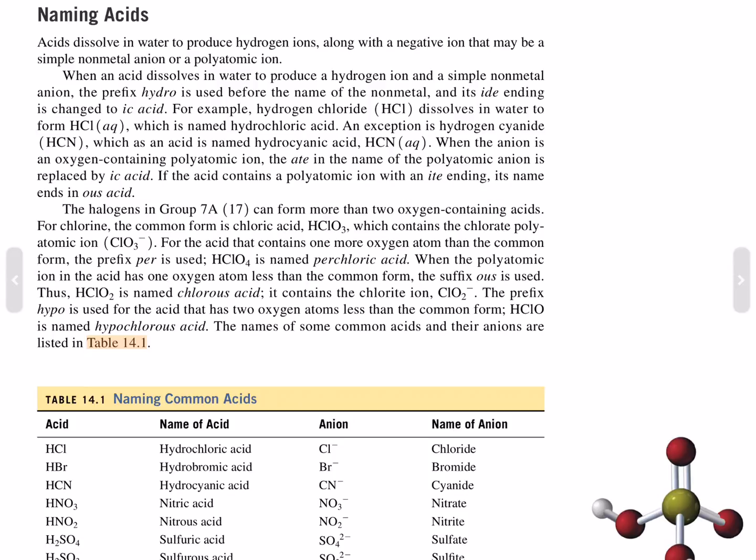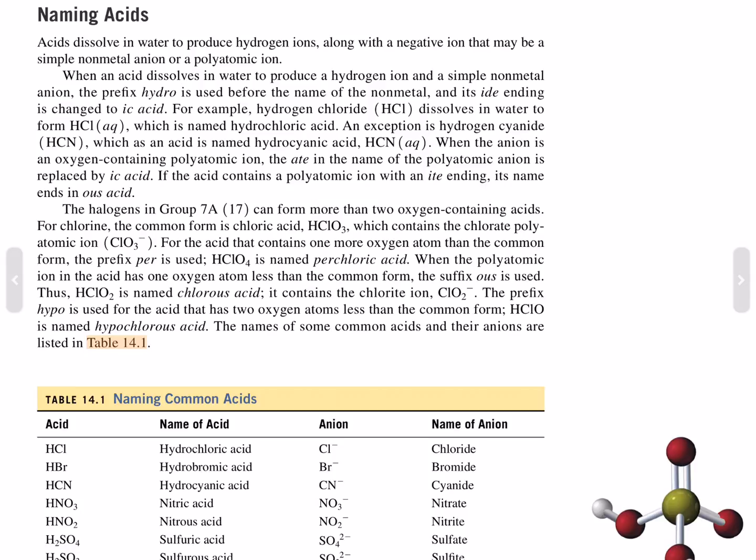The halogens in group 7A can form more than two oxygen-containing acids. For chlorine, the common form is chloric acid, HClO3, which contains the chlorate polyatomic ion. For the acid that contains one more oxygen atom than the common form, the prefix "per" is used. HClO4 is named perchloric acid. When the polyatomic ion in the acid has one oxygen atom less than the common form, the suffix "ous" is used.